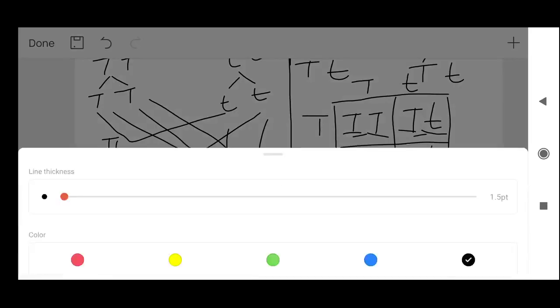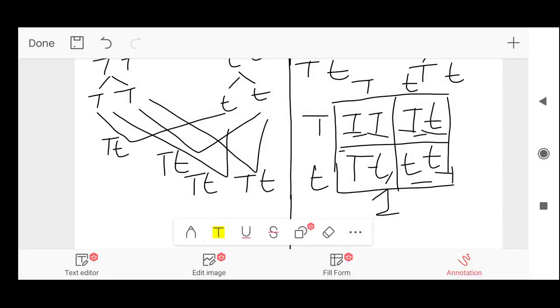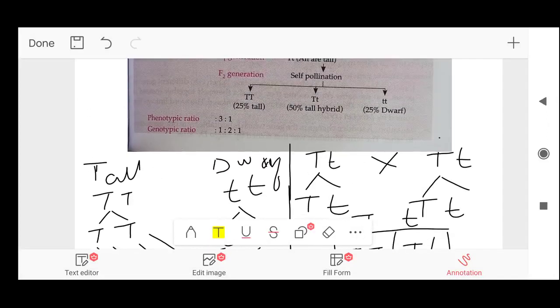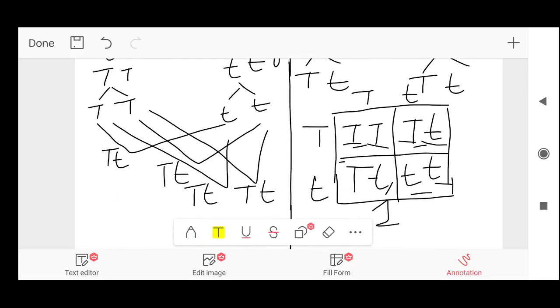So the genotypic ratio is the ratio of the genes responsible for that physical character. They are in the ratio 1:2:1 because we have one plant of capital T capital T, two of capital T small t, and only one of small t small t.